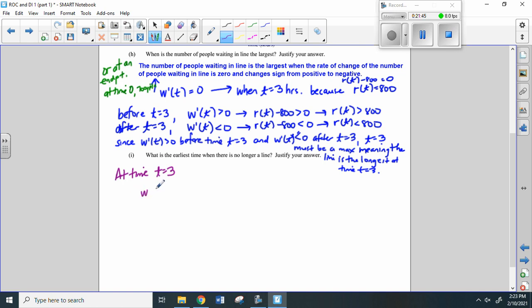It was a formula for W. And remember, it was 700 plus an integral from 0 to 3 of r of t dt minus 800t. All right, so if we want to figure out the maximum amount of people in line, then we would plug in 3 here, okay?